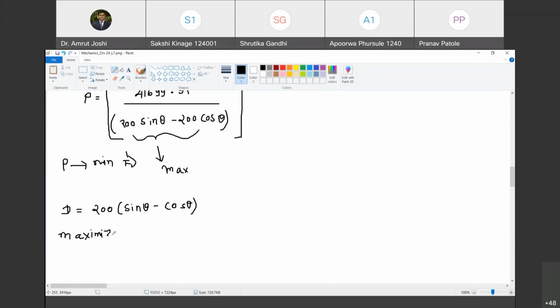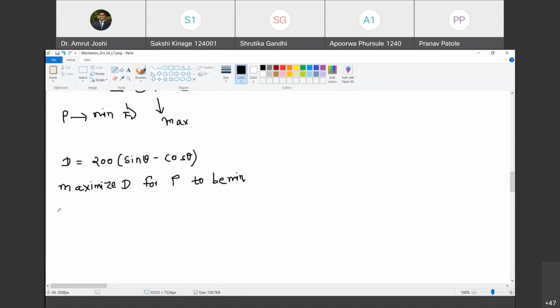Maximize D for P to be minimum. Do you agree with me? So how do we get maxima? D is a function of theta.